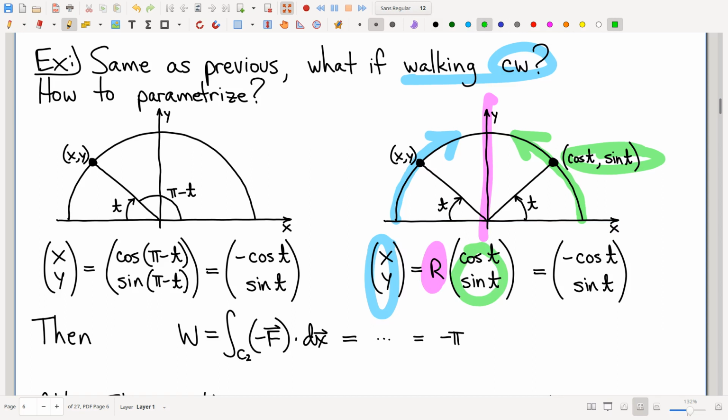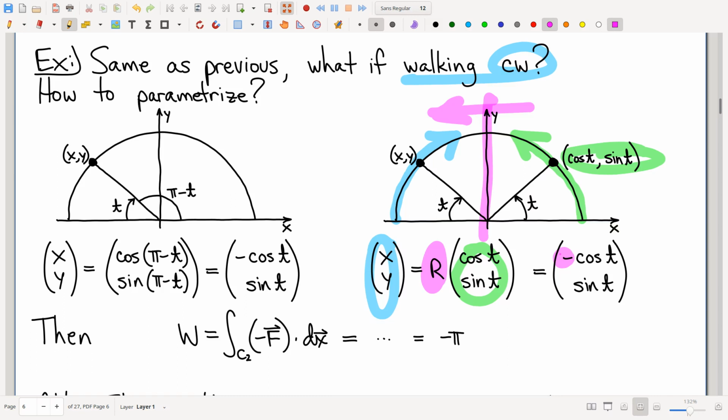And now I just have to figure out how do I actually execute that reflection. And I think it's a pretty easy pitch that when you reflect over the y-axis, the y-coordinate stays the same. The x-coordinate just gets a minus sign, right? And so that reflection just gives us that minus sign right there. Everybody good?